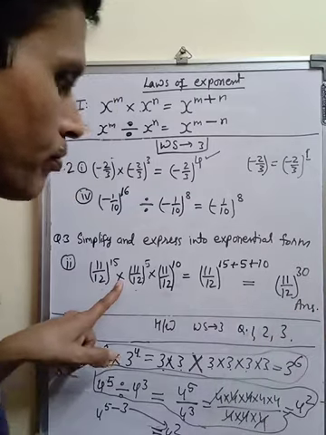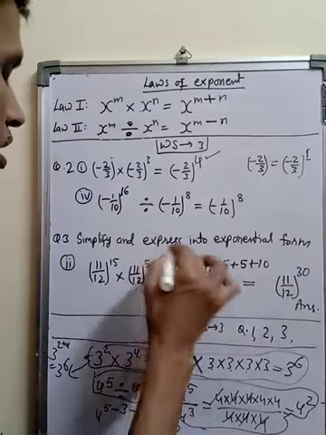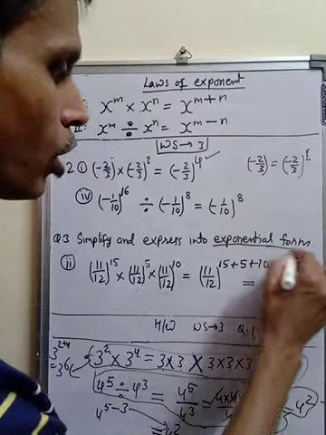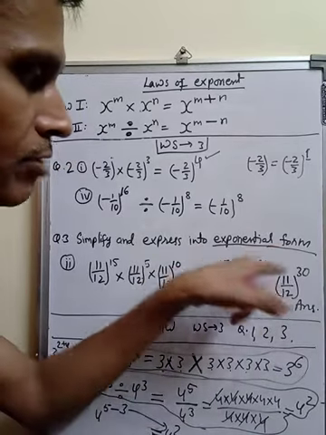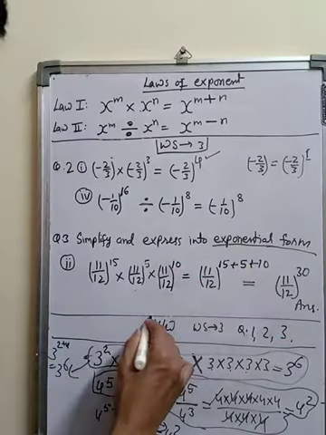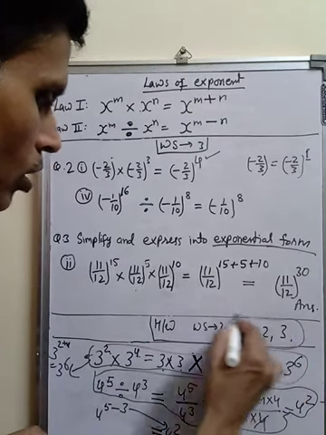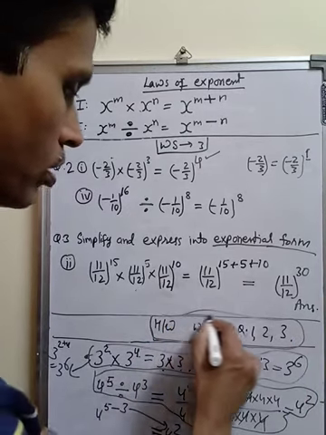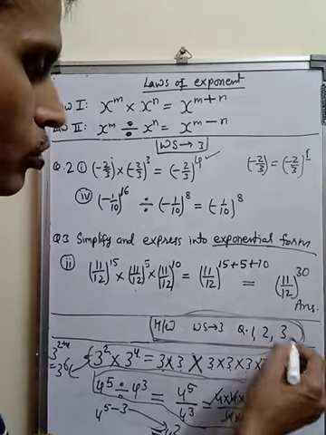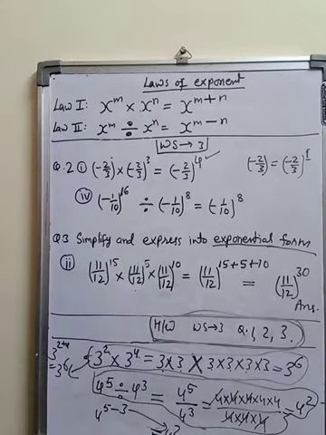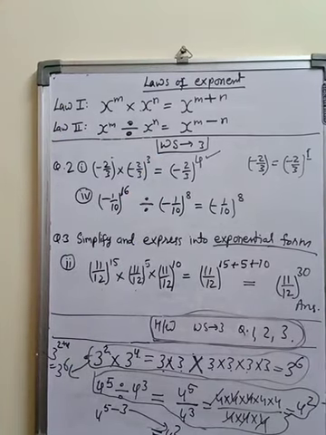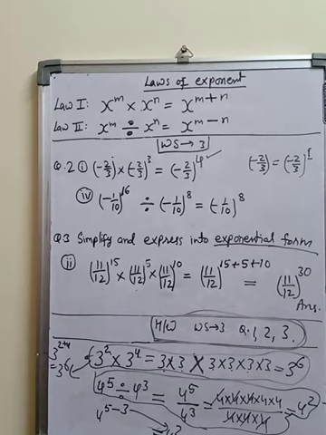So 15 plus 5 plus 10. All three powers will be added because in between there is a multiplication sign. So this will become 11 upon 12 to the power 30. So this is our answer. We will not solve further because it is hard to write in exponential form, so this answer is in exponential form.